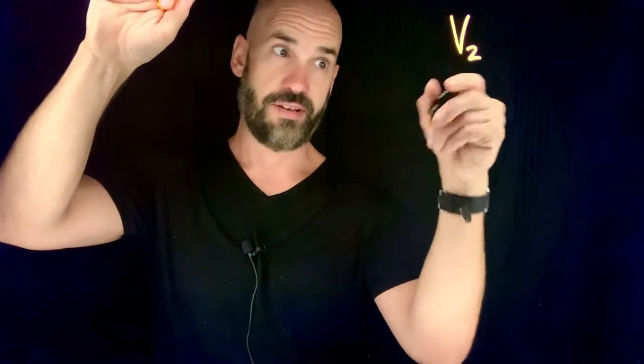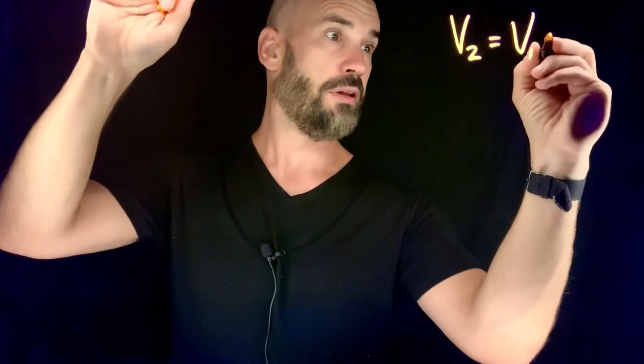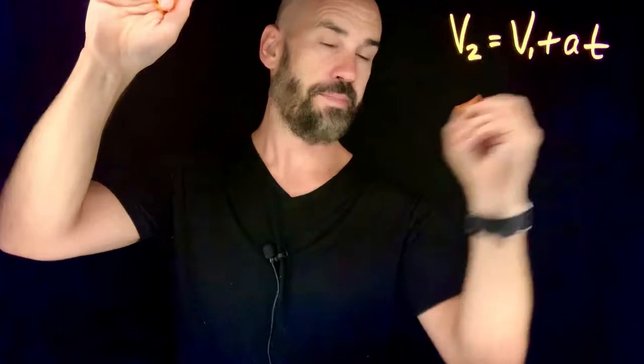So the three kinematic equations, if you go to the slide that says the kinematic equations, they take a form that is often used in books, but I like to simplify that form a little bit, and I'm going to share that with you right now, okay? So the first kinematic equation I like to write as V2, the final velocity, equals V1, the initial velocity, plus the acceleration times time, all right?